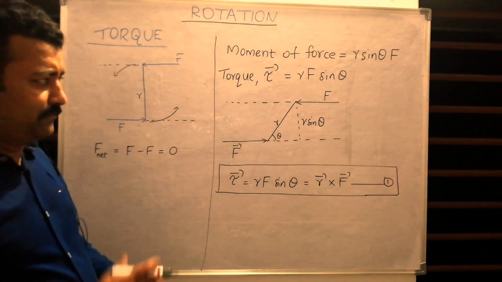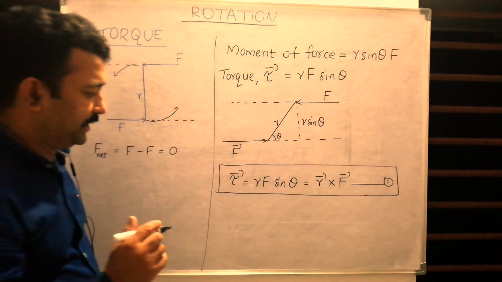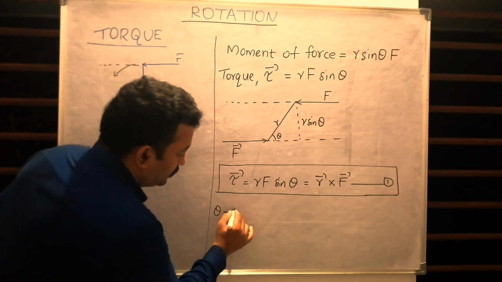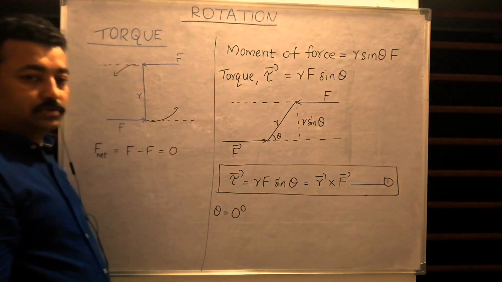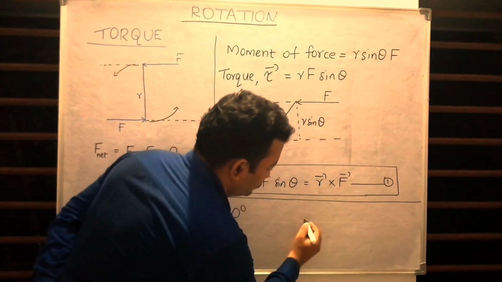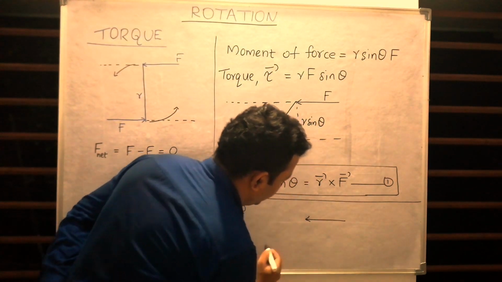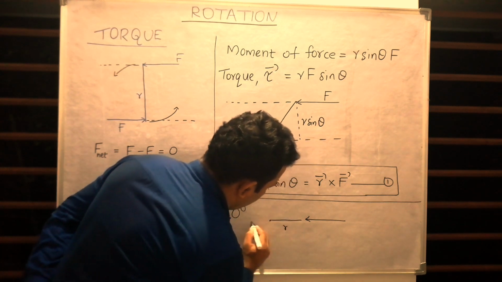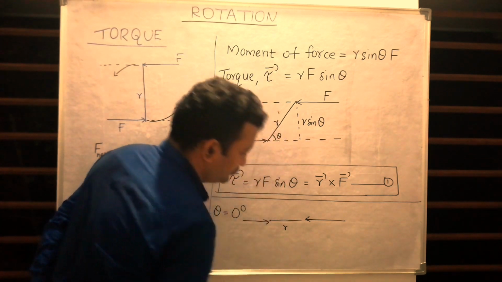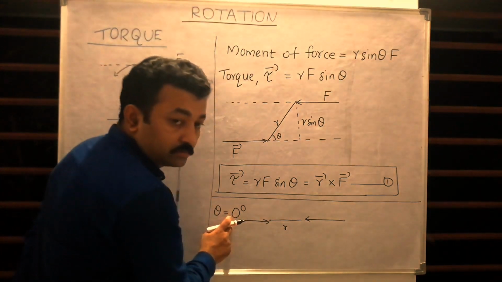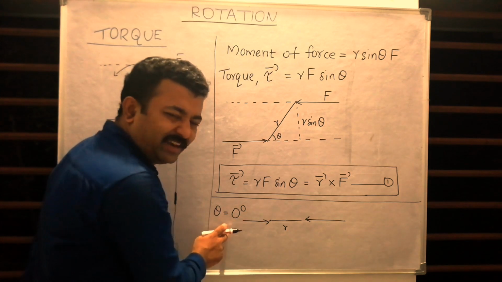Now we can see different cases. Suppose theta is equal to 0 degree. That is, the force is acting in this direction and the position on the object is like this, r. We can see r and F are making 0 degree, or with the other one it is making 180 degree.